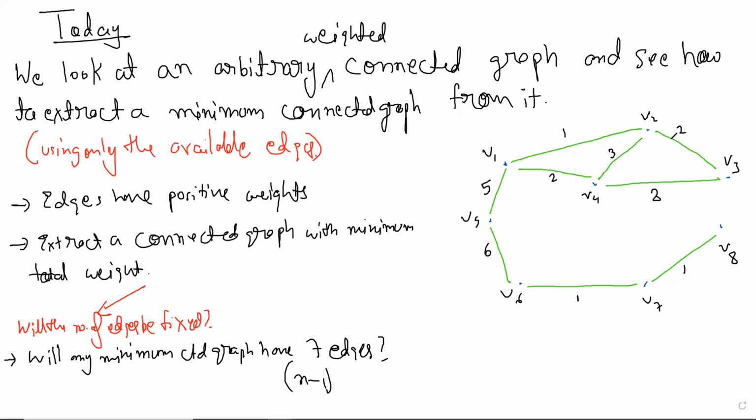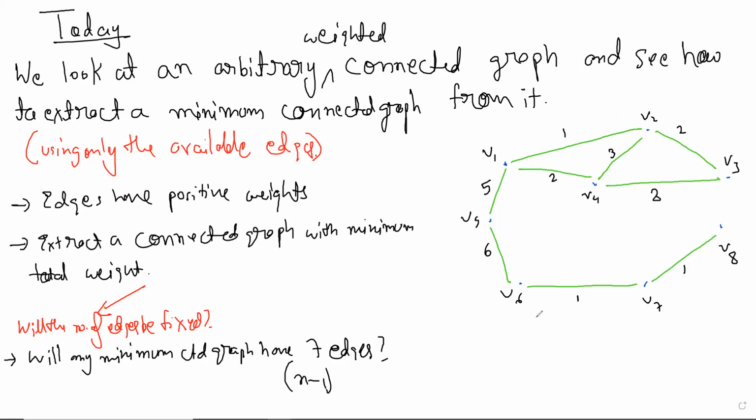If we have this example, what is one possible minimum connected graph? In this case, it's quite obvious that you should maybe remove this 3.